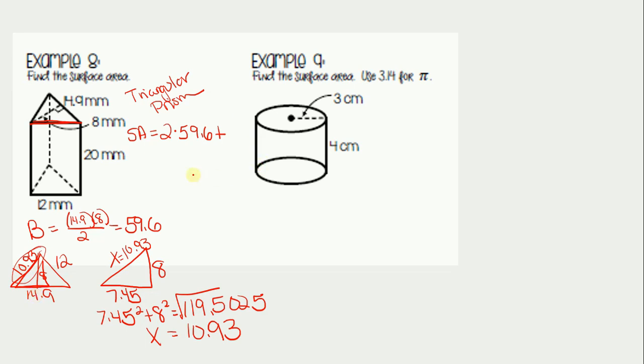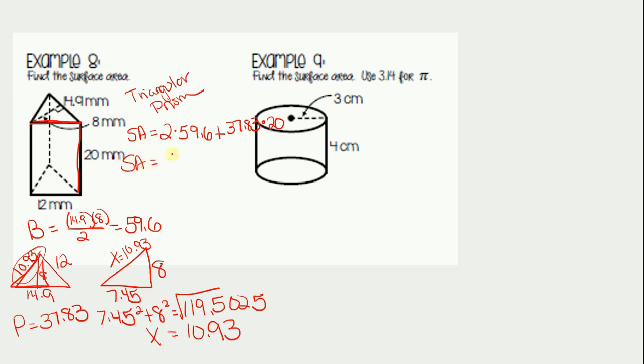So the perimeter of my base, I'm going to take a little note down here, perimeter equals 37.83. So perimeter 37.83 times my height, look, I am 20 up, so 20.